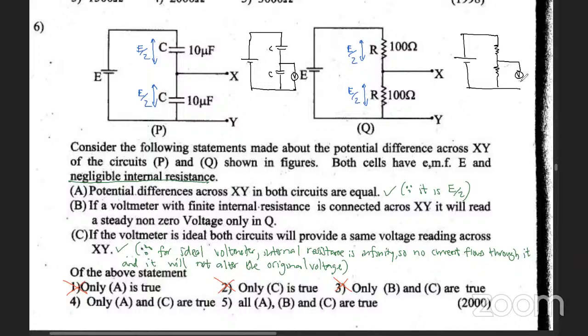I'm talking about a non-ideal voltmeter, with finite internal resistance. This is also finite internal resistance.